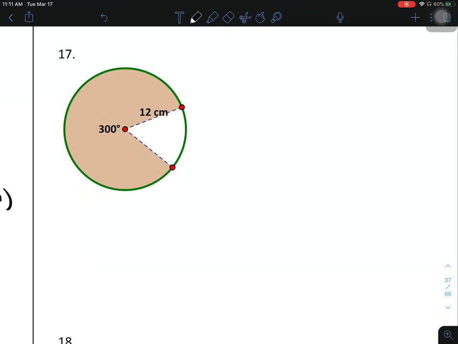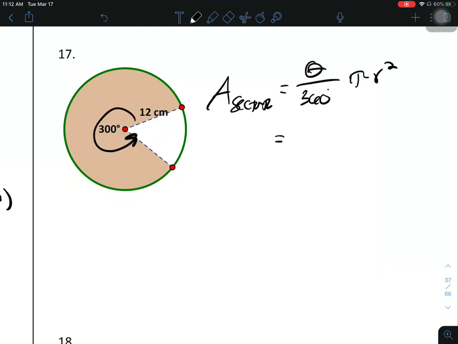Number 17 is a sector, shaded part. Find the area of a sector. We're going to take a central angle divided by 360 times the area of the complete circle. So the sector has a central angle of 300 degrees. The radius is clearly 12. 300 over 360, that reduces to 5/6.